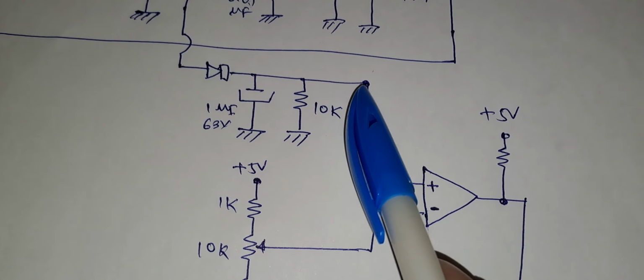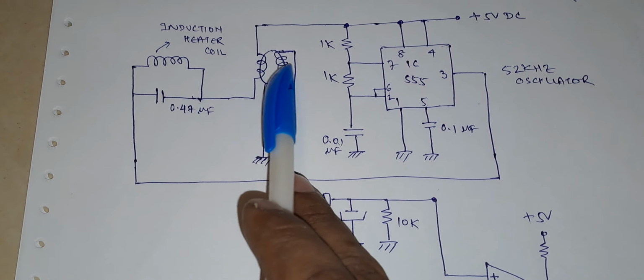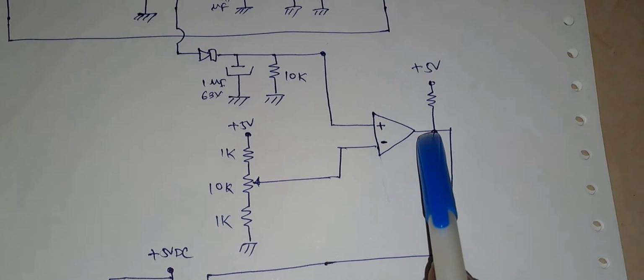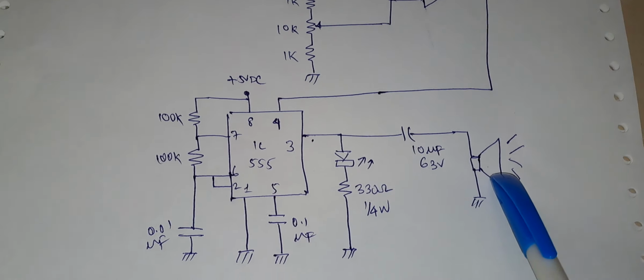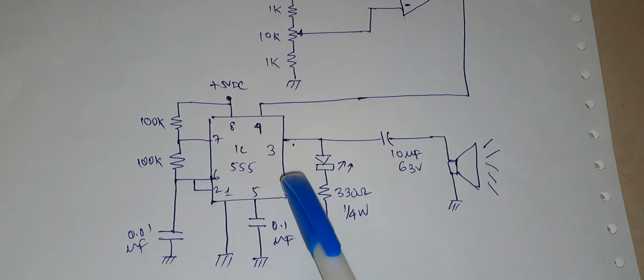Again I will repeat, the voltage here is 2 volts. Here the voltage is 2.5 volts. Whenever there is a metal presence, this voltage will shoot up. It will become more than 2.5 volts and this logic will be 1 and it will trigger the audio amplifier, the tone generator.